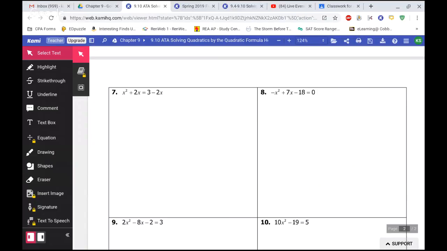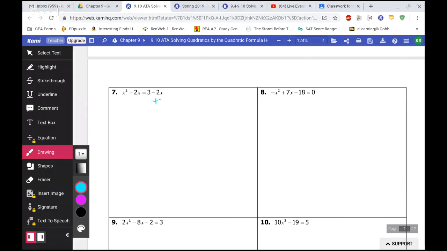It's not in standard form. How many of you got this completely done? Is this worth me doing completely in Math Lab? Will this be a good review of the quadratic formula? Yes? Yes, ma'am. Okay.